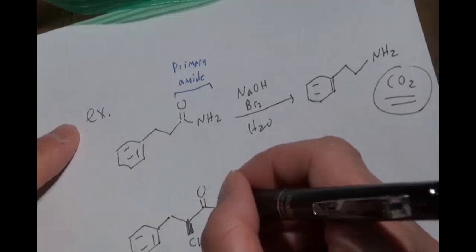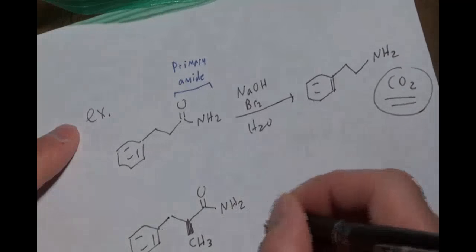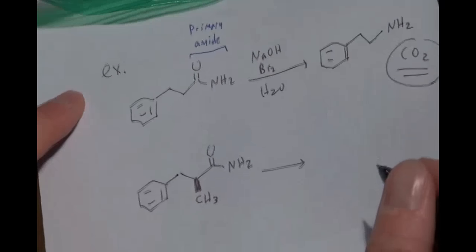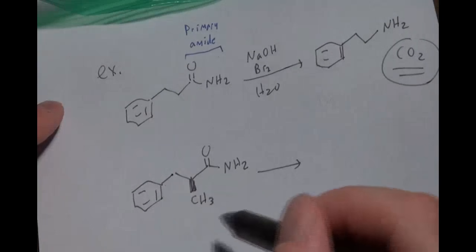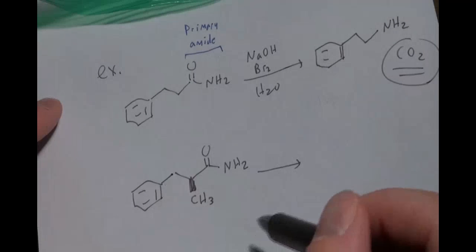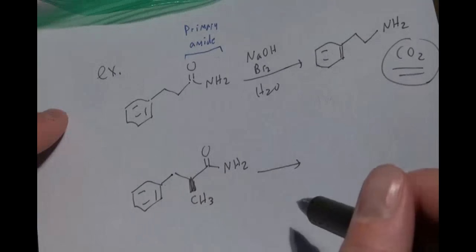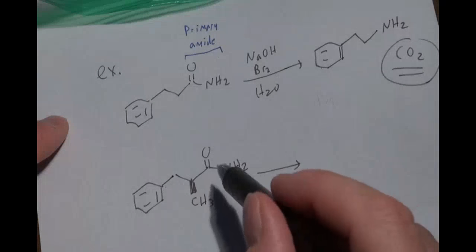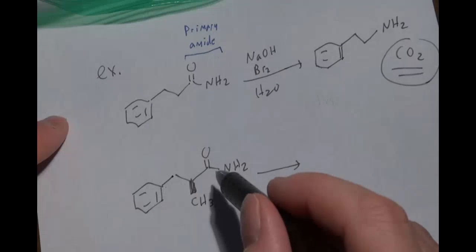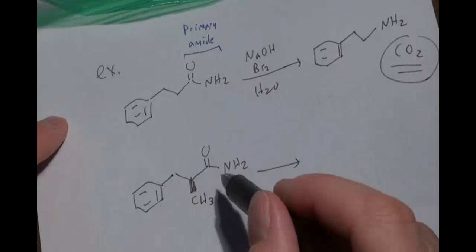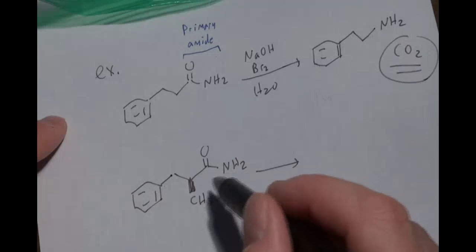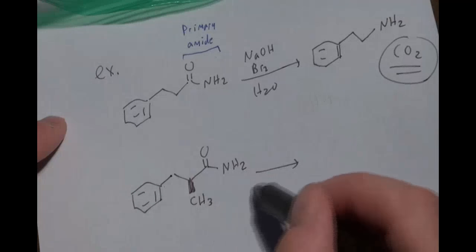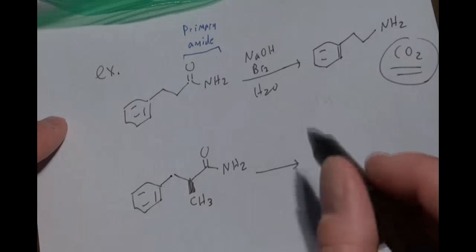Interestingly, if you do this on a chiral substrate, and knowing the mechanism is kind of weird with all those bonds jumping around, it makes the nitrene, and then the bond jumps across to the nitrogen. Remember that?